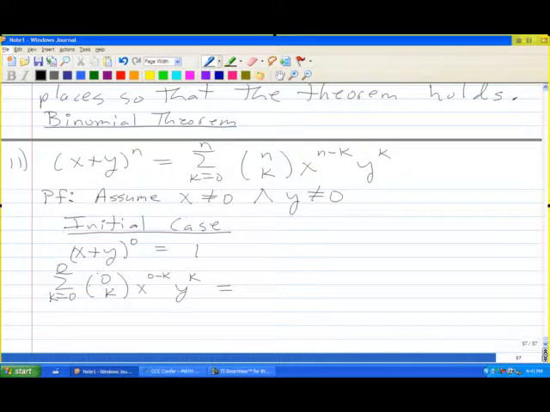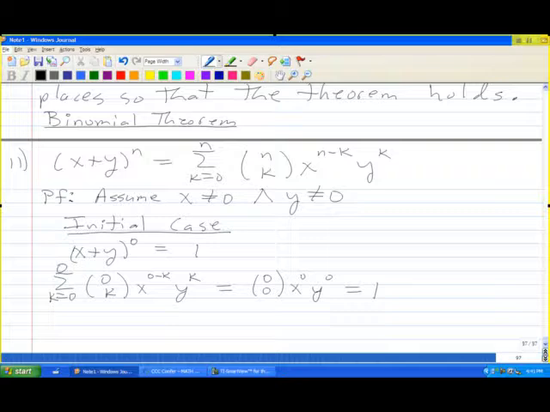Plug in 0, that's the only term here, so it's 0 choose 0, x to the 0, y to the 0. Again, 0 choose 0 is 1, x to the 0 is 1, y to the 0 is 1.